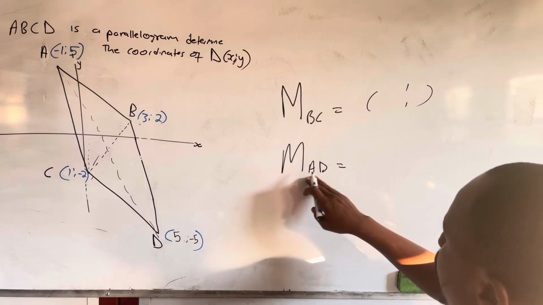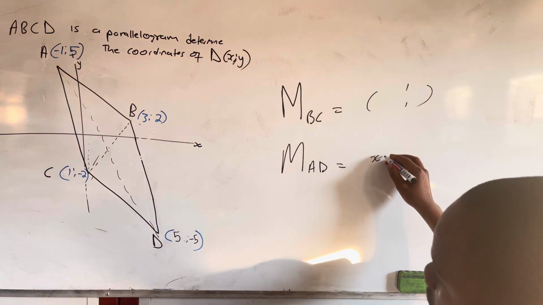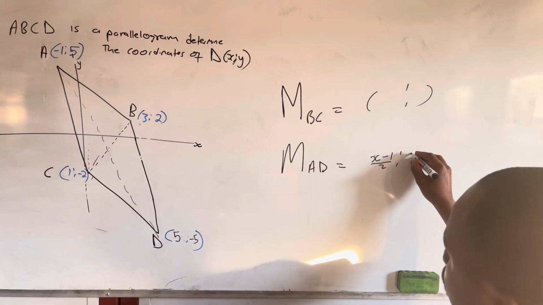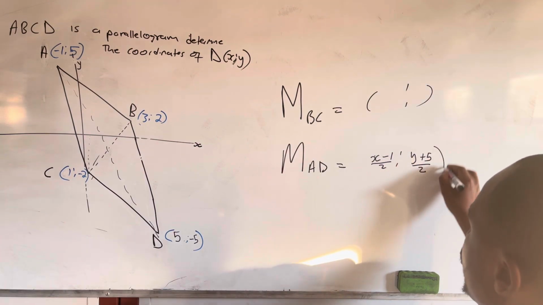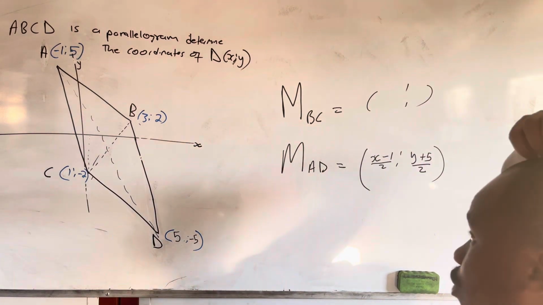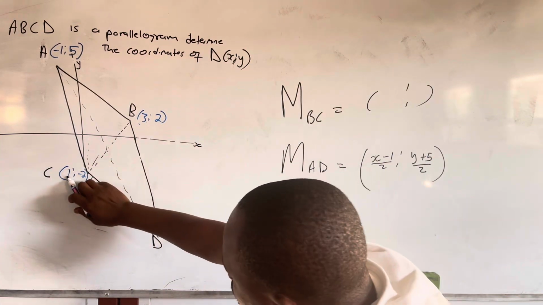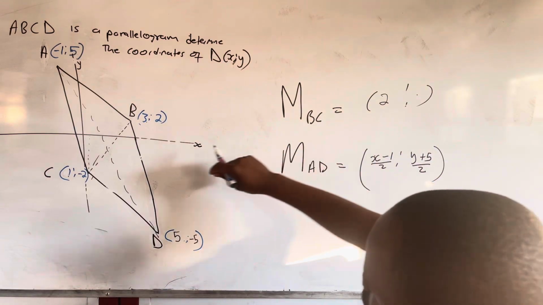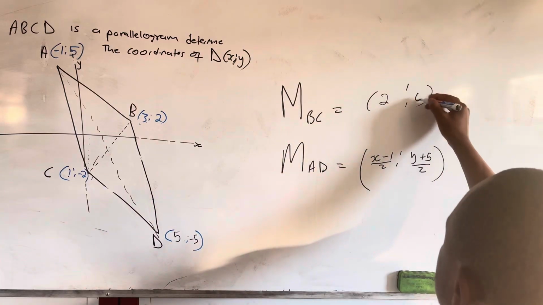So the midpoint of AD in this case, we know that it will be x minus 1 divided by 2 and y plus 5 divided by 2. But for BC, you know that this will be 3 plus 1 divided by 2, which is 2, and then 2 minus 2 divided by 2, which is 0.